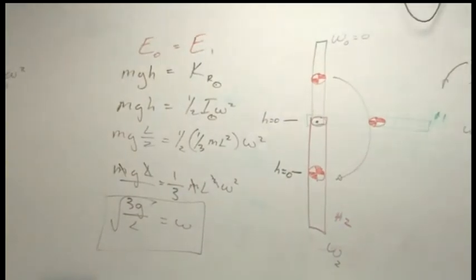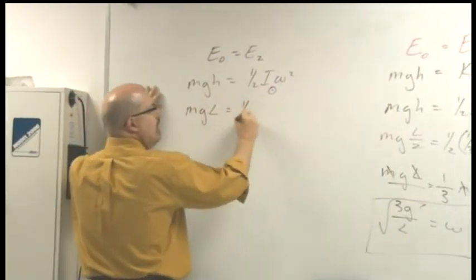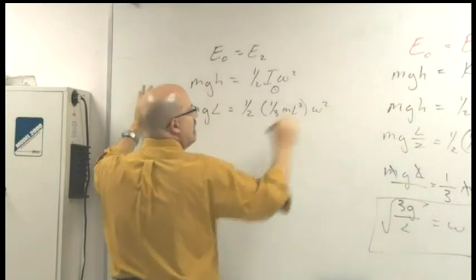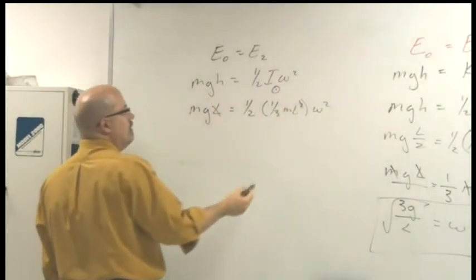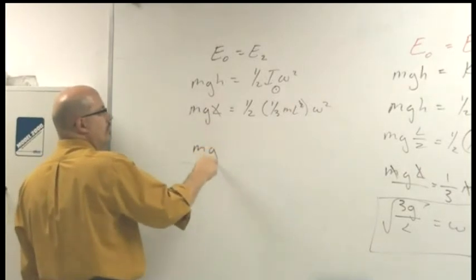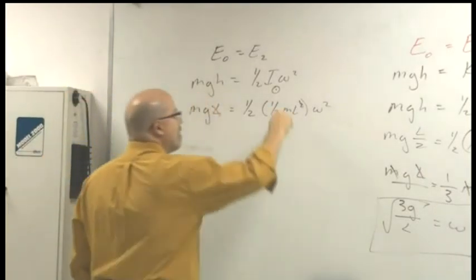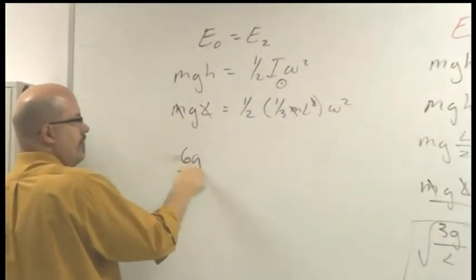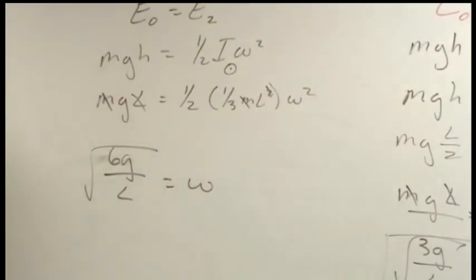If I do that, now my h is L. I get mgL equals 1/2 times 1/3 mL squared omega squared. My m goes away. Is that right? Yes.